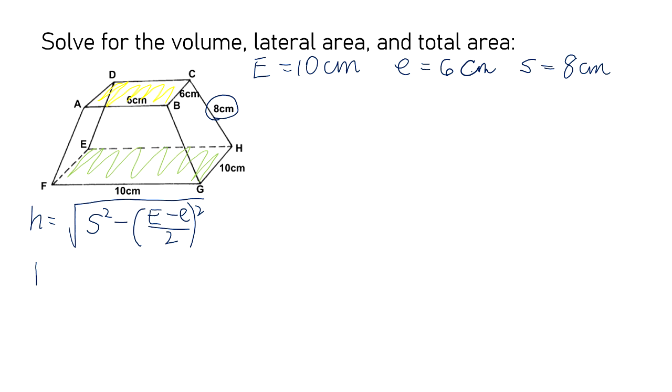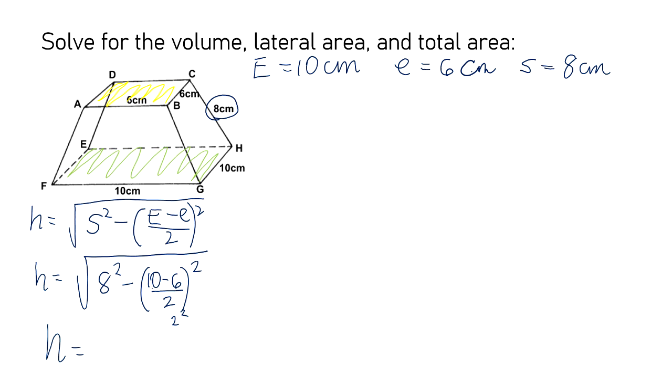So this time, we get the square root of 8 squared minus 10 minus 6 over 2 squared. Now we may simplify this further: 10 minus 6 is 4, over 2 is 2 squared. So this is actually 8 squared minus 2 squared. Now to simplify this further, height is equal to 7.75 centimeters when rounded off to 2 decimal places.